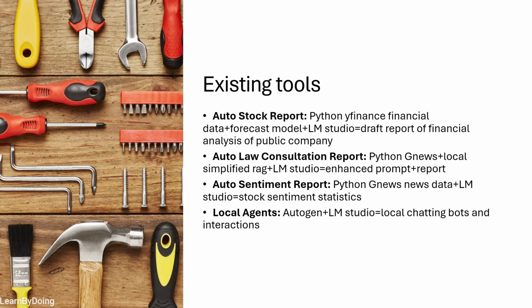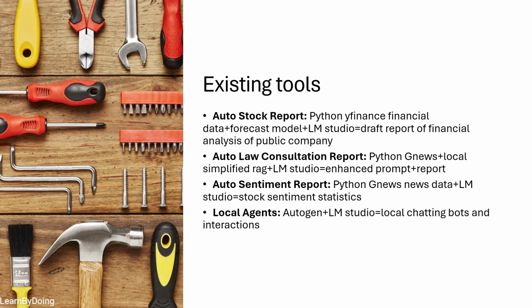So basically, this first page is to wrap up the existing tools that I introduced previously in my different videos. First of all, we have the automatic stock report, which incorporates Python packages, forecasting models, and LLM Studio to draft financial analysis reports of a public company.